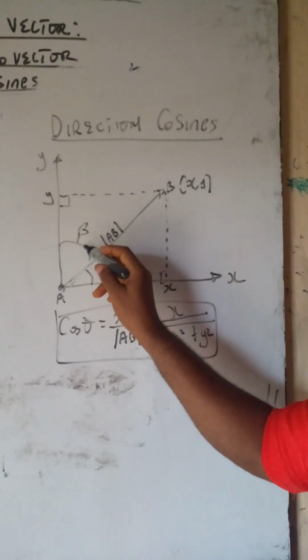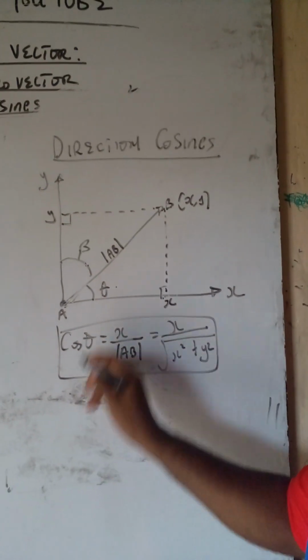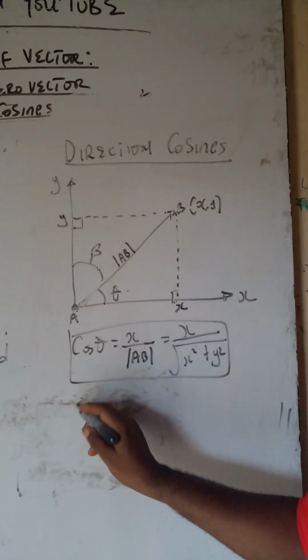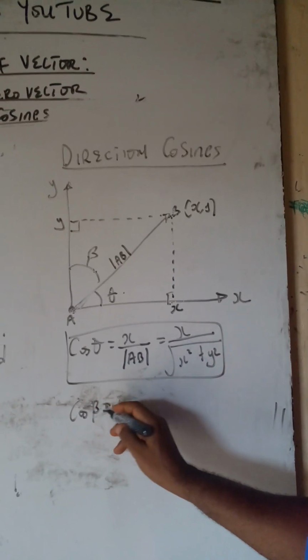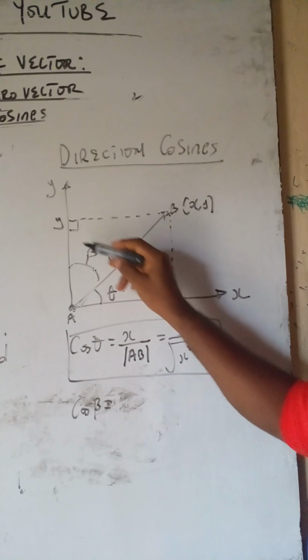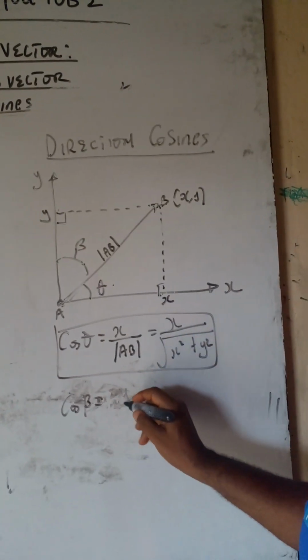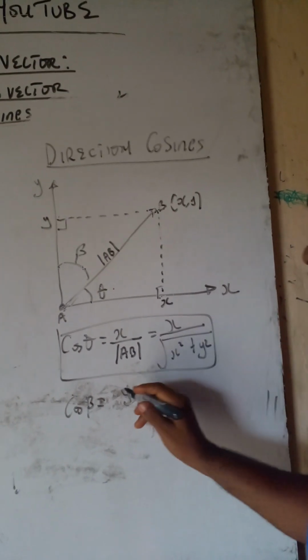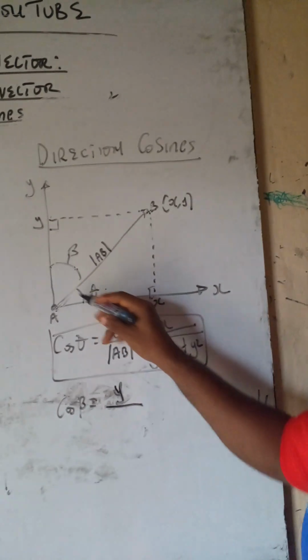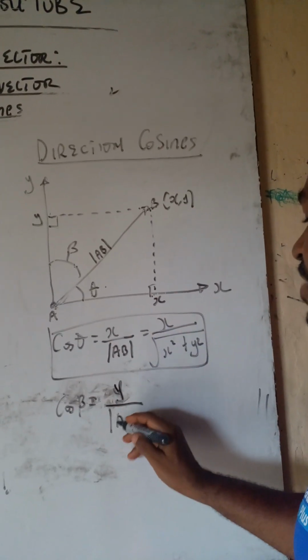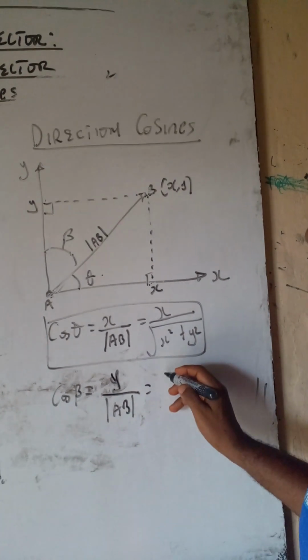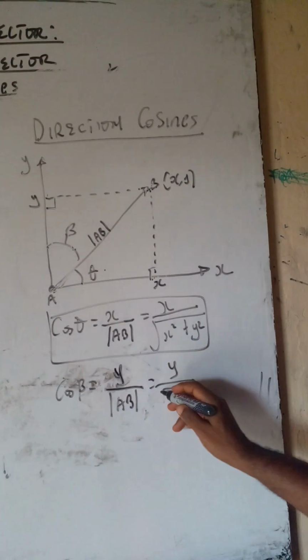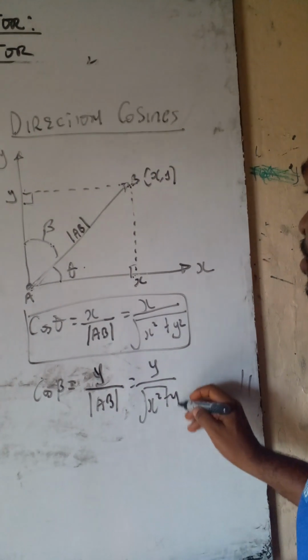Now the second direction cosine of vector AB is cos beta. Cos beta is the adjacent, that is y, divided by the hypotenuse, the magnitude of vector AB, which is y divided by the square root of x squared plus y squared.